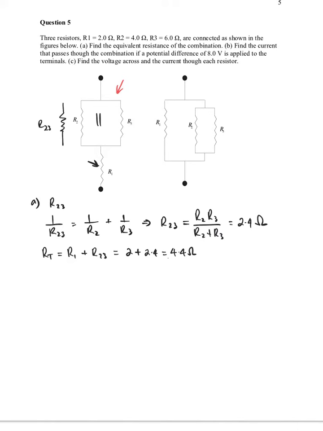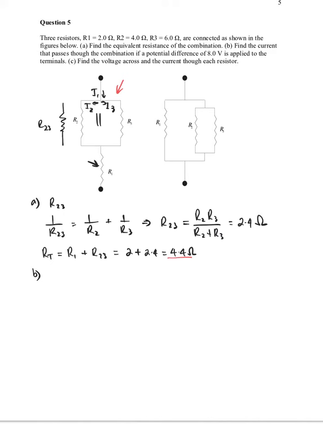We now have the total resistance of the circuit. This allows us, for the next question, to figure out the total current flowing through the circuit. We'll call that I1. We've got I1 here, I2 here, and I3 here, flowing out this way.